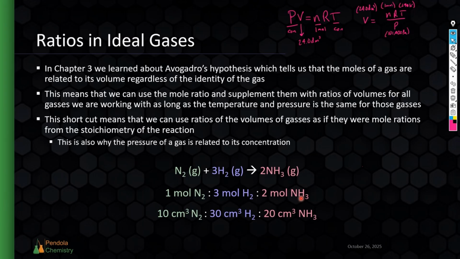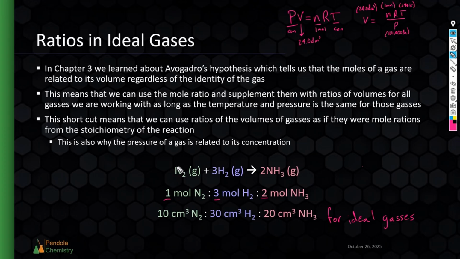Well, that mole ratio can actually also be used with volumes, only for ideal gases. For ideal gases, that 1 to 3 to 2 ratio can be applied to the volume of the gas as well.